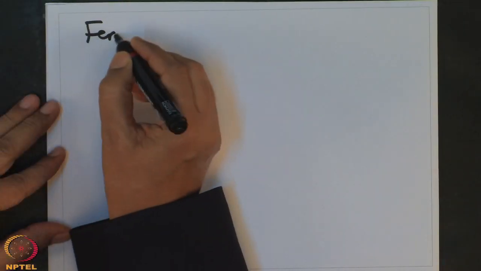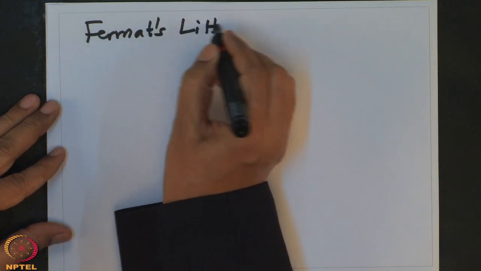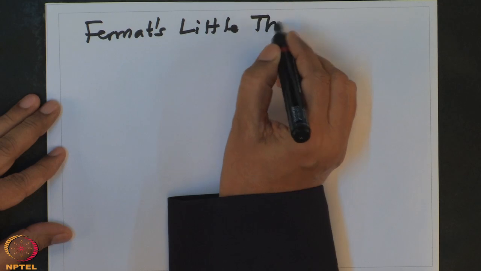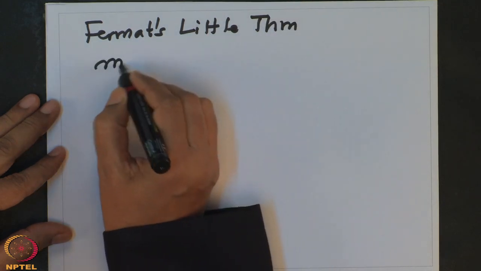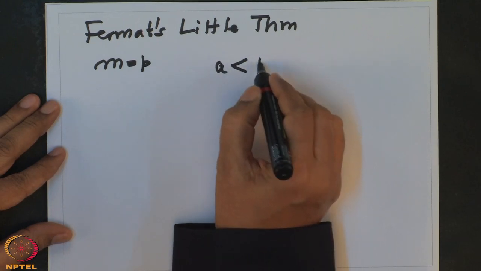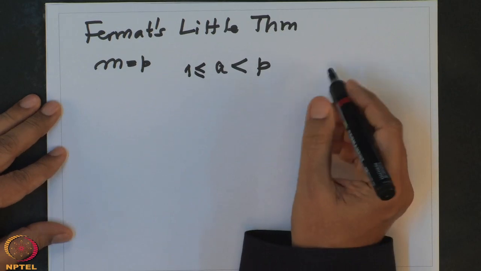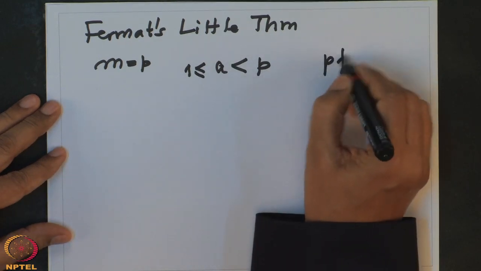A particular case we have seen earlier is the famous Fermat's Little theorem. Here m is p. Now any a smaller than p and bigger than or equal to 1 is coprime to p, since p doesn't divide a.